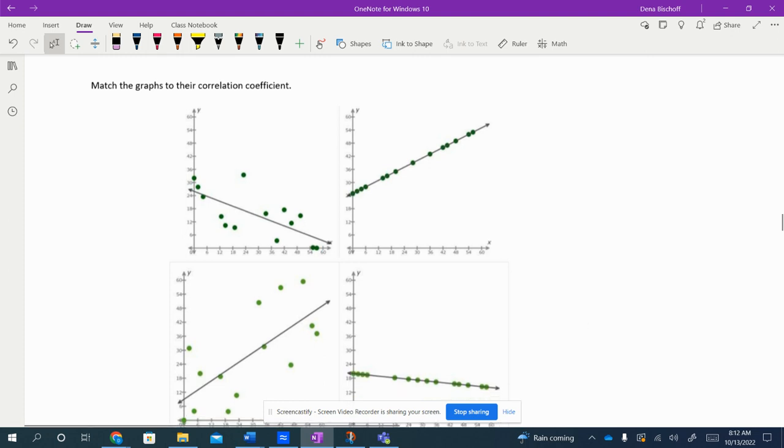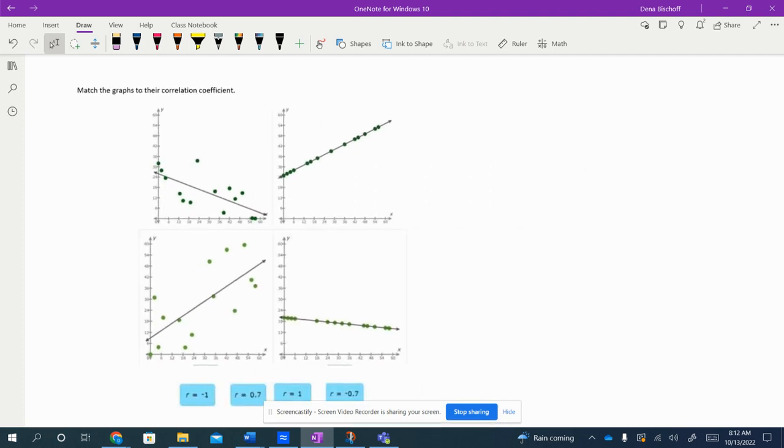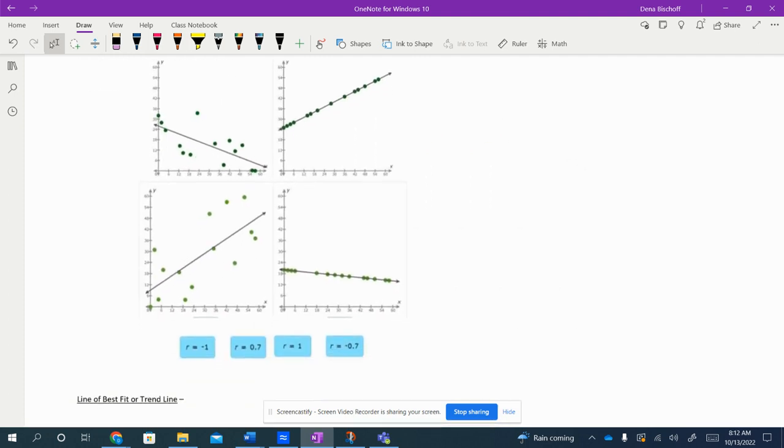So we're going to match the graphs with the correlation coefficients at the bottom. Let's talk about this first graph right here. Courtney, what kind of correlation coefficient do you think that has? Is it positive or is it negative? That's the first thing I'd look at. And then do you think it's closer to -1, positive 0.7, positive 1? These are your correlation coefficients down here.